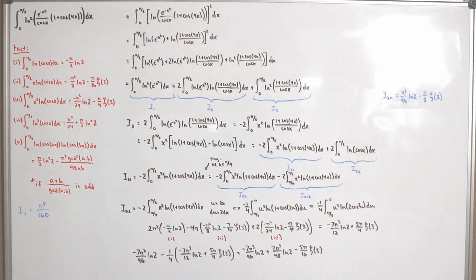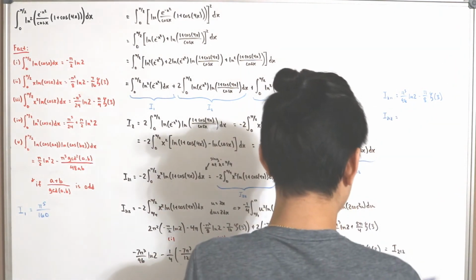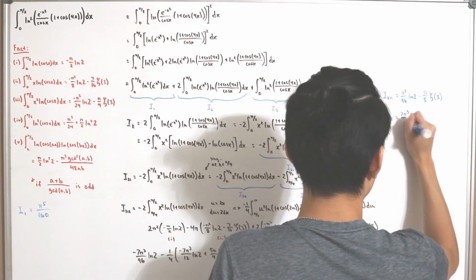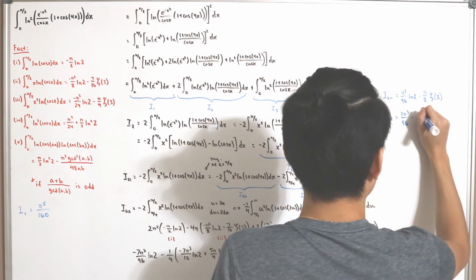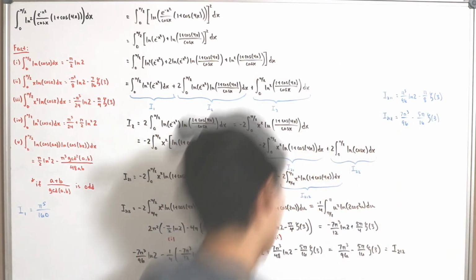Then simplifying this out, we get a positive 7π³/96, then minus 5π/16 multiplied by the a priori constant. And now that's actually equal to our I sub 212. All right, cool. So I sub 212 is equal to 7π³/96, subtract 5π/16 multiplied by the a priori constant. All right, nice.